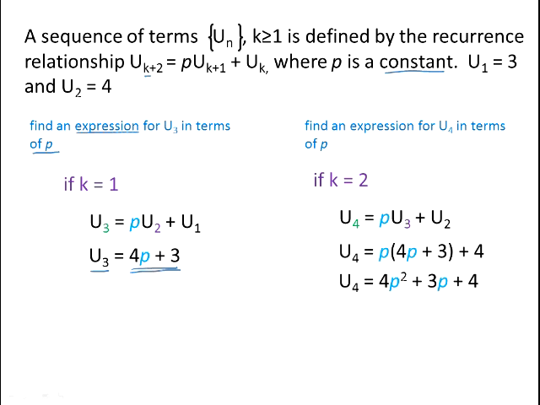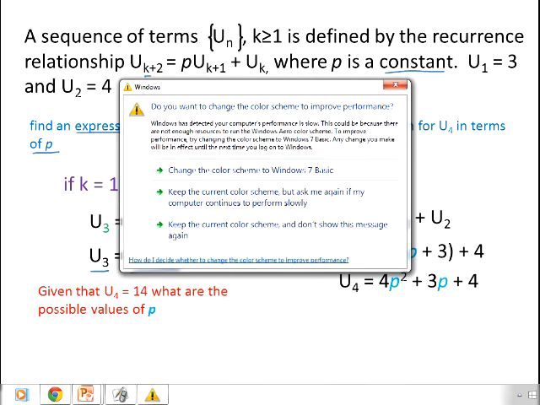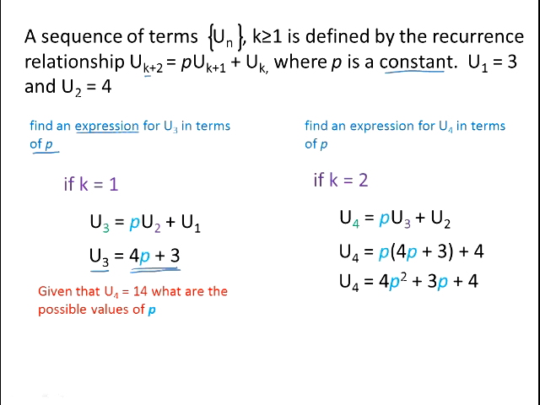Now to go any further, what they're going to need to do is give you a bit more information. So for example, if they say that u4 is 14, you've got an expression for u4, and you know that u4 is also equal to 14. So they're equal to each other.